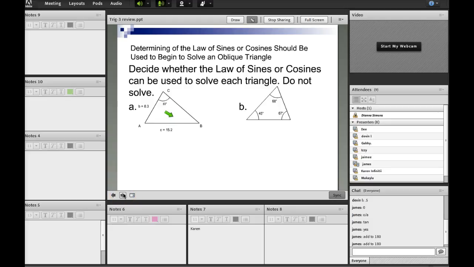So, last question. What I want to know here is, for part A, would I use law of sines or law of cosines to solve this triangle? Look at part A. Don't have to solve it, just tell me which one I am going to use.